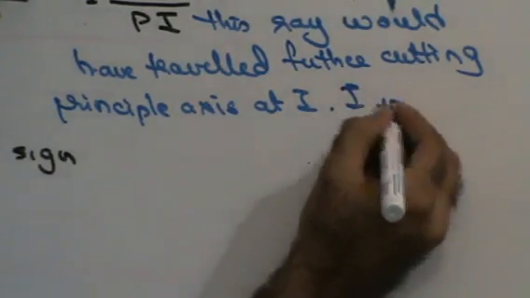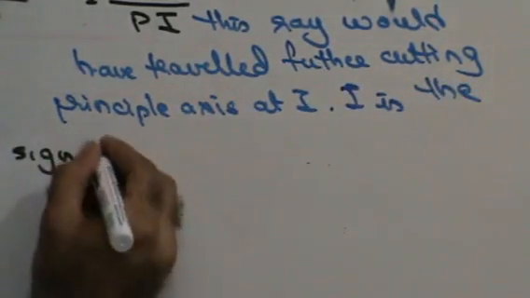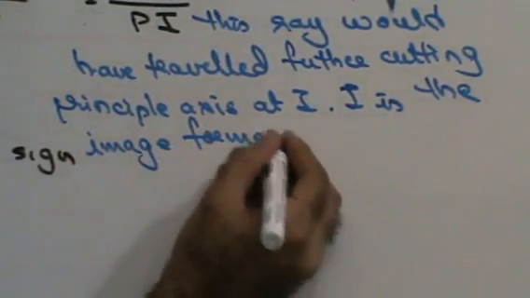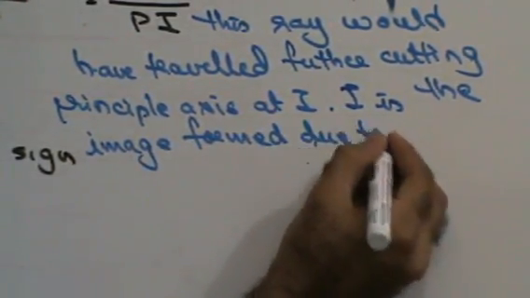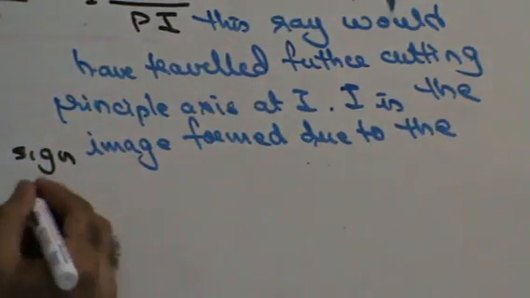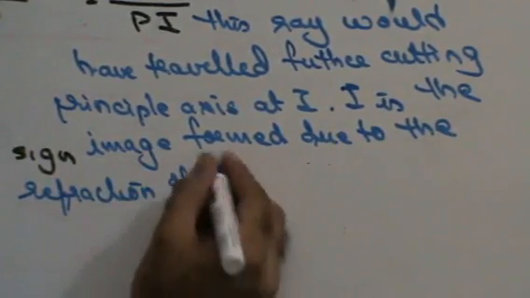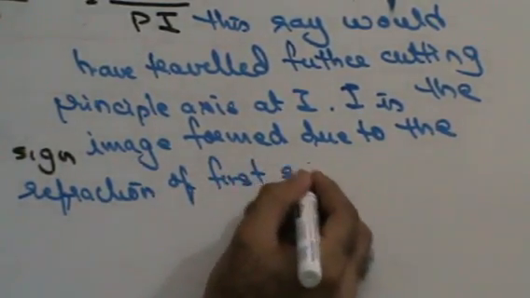So I is the image formed due to the refraction of the first surface.